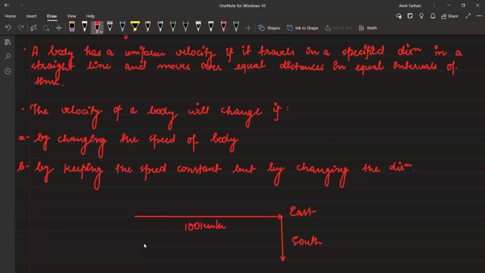Can you give me the reason why it is changing? Sir, because the speed of the body will change.